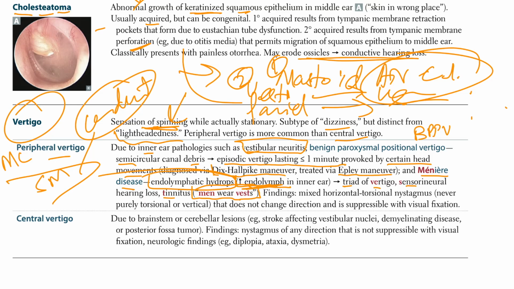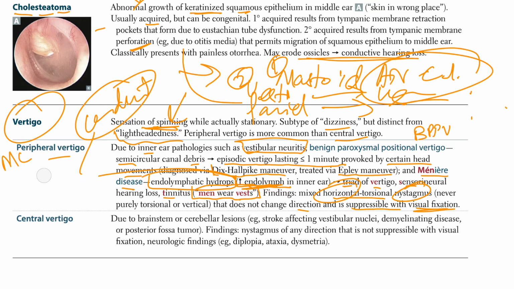Findings are mixed horizontal torsional nystagmus. Just think about it, horizontal nystagmus, never purely torsional or vertical. Okay, that's important. It does not change direction, and it is suppressible with visual fixation.